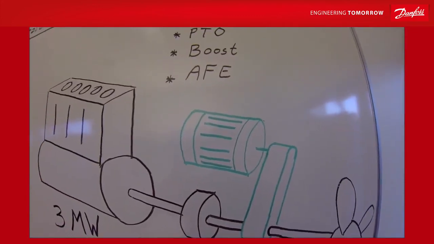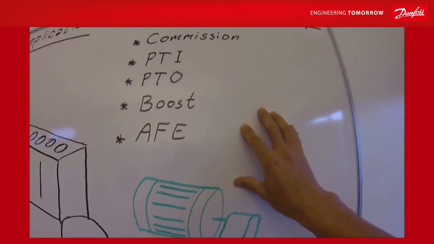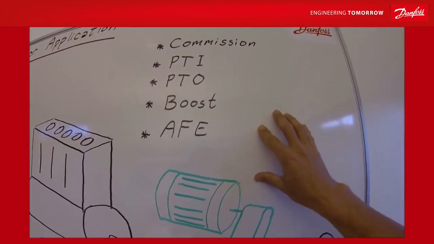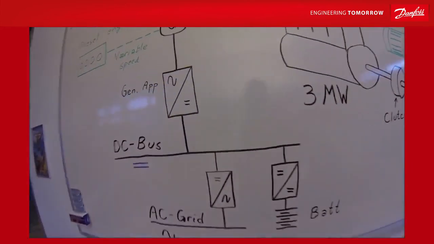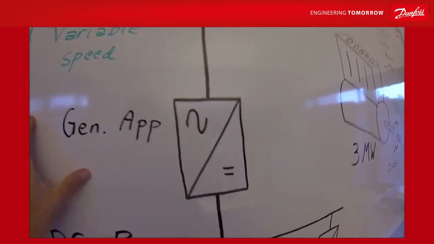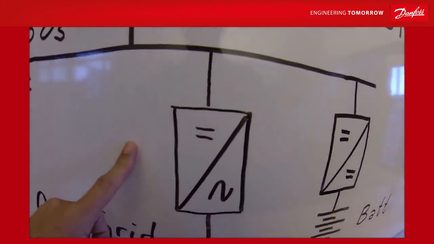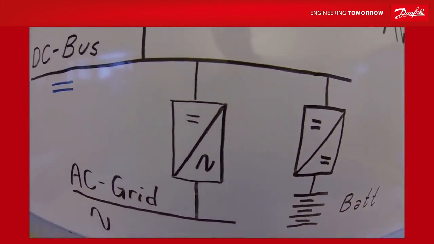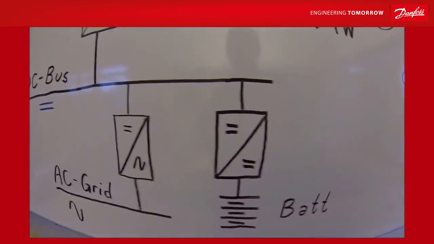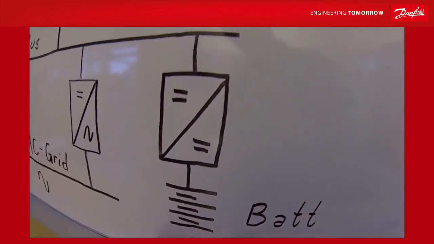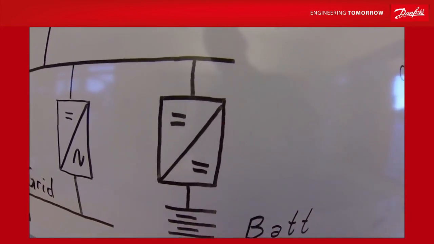Since energy can flow in both directions through the system, the generator application needs to be supported by a DC bus system which also is bidirectional. Typically the generator application is connected to an active front-end or microgrid application which is connected to the ship AC grid. It can also be connected to an energy storage, typically a DC to DC converter and a battery.